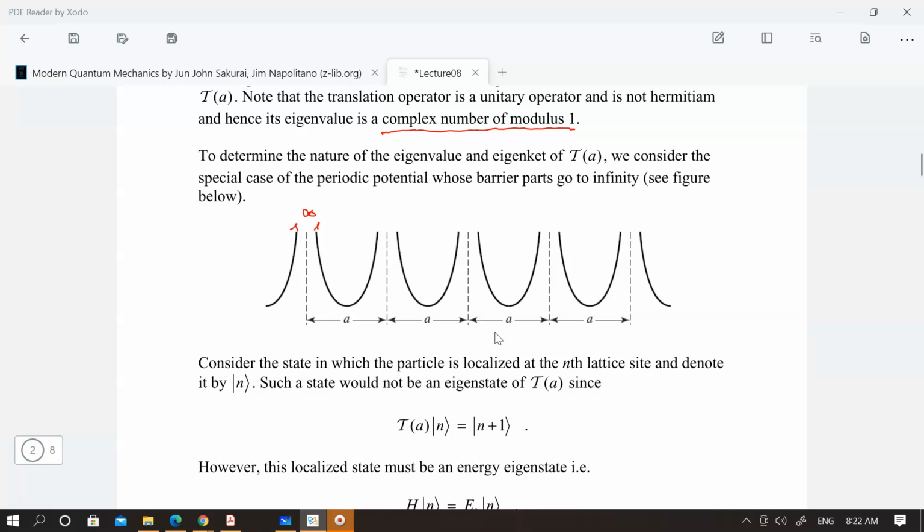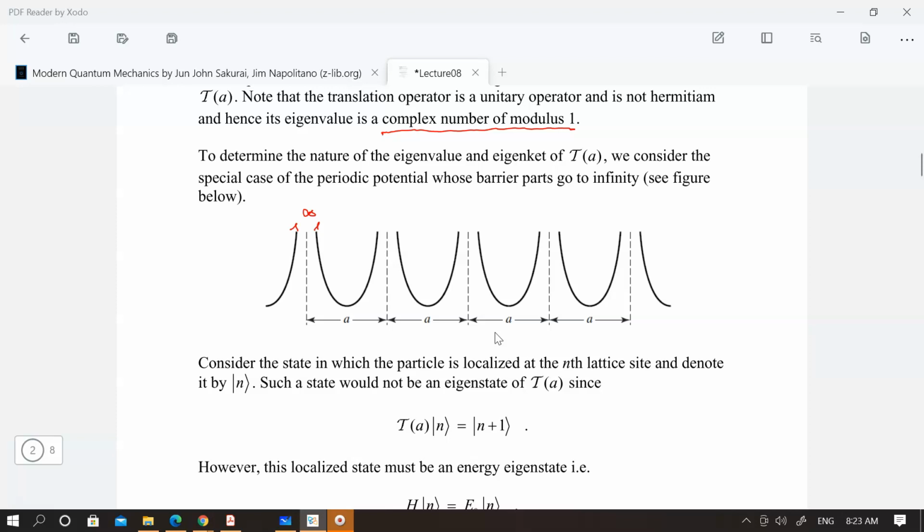In that case, it's easier to denote a particular state by saying the particle has probability 1 in a particular lattice site. So we can start thinking of labeling the states of the particle according to the lattice position.